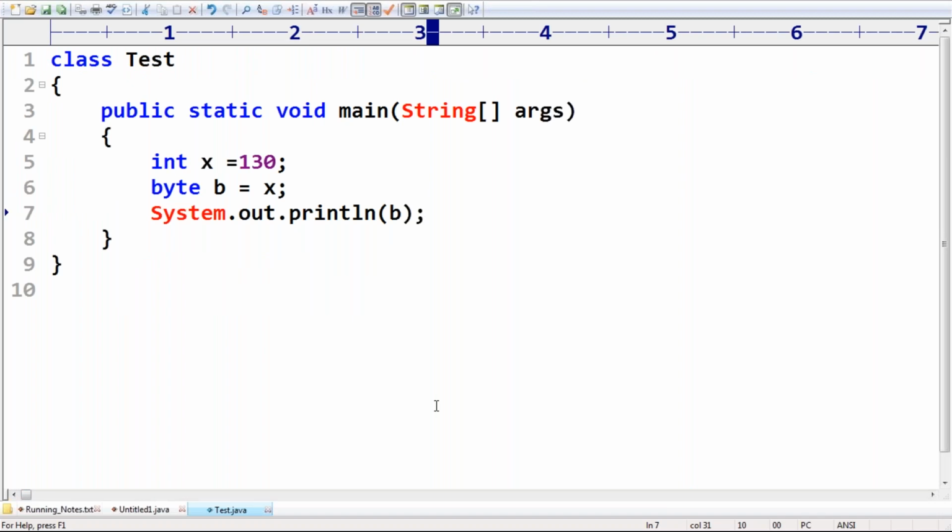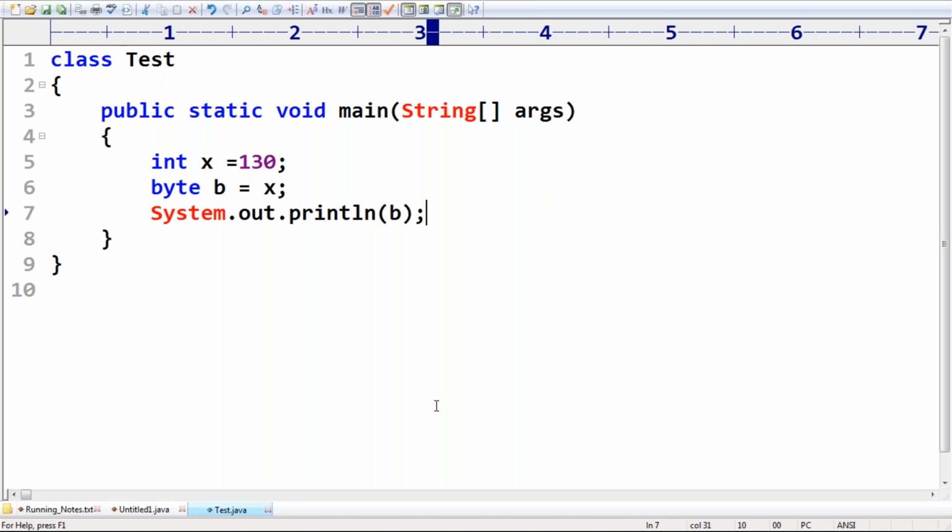So whenever we are assigning a bigger data type value to a smaller data type variable, compulsorily we have to do explicit typecasting, otherwise it is not allowed. Friends, are you in the position to understand?